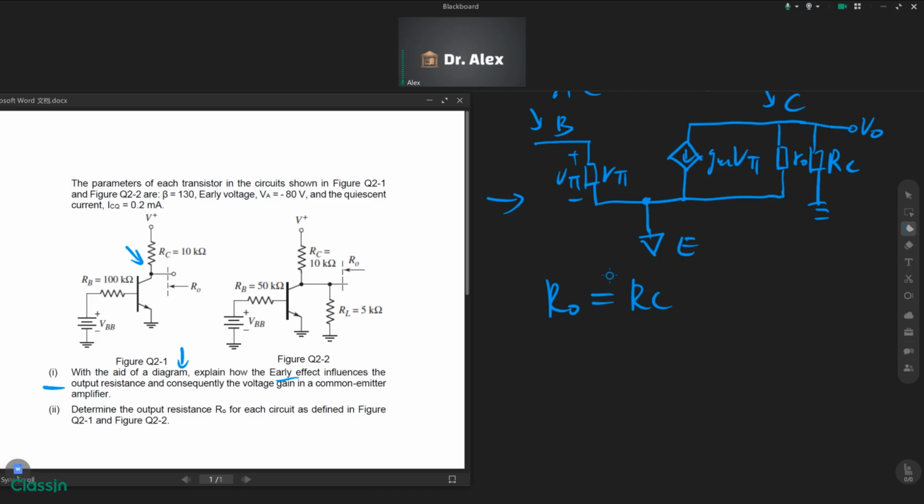However, in a practical bipolar transistor with VA not infinite, the output resistance is RC in parallel with RO. This question is also asking us to get the voltage gain.